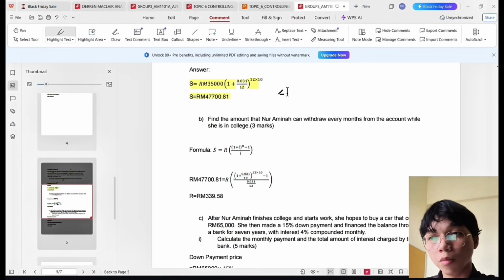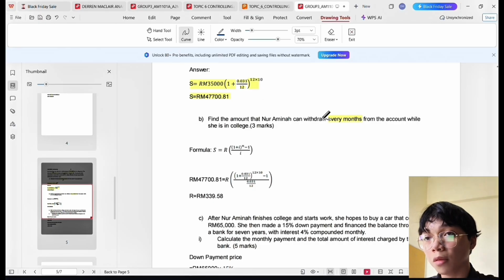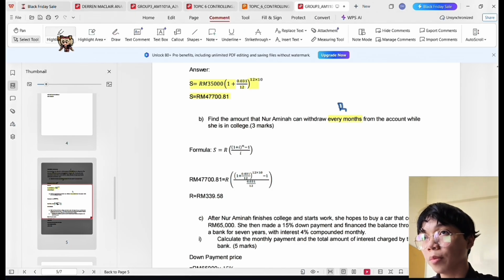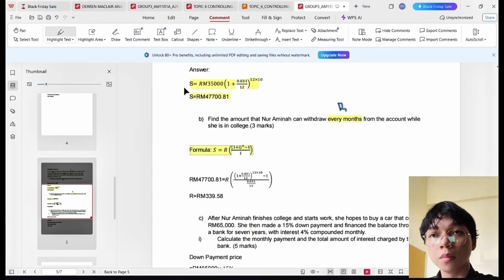Okay, now moving on to question 2B. Find the amount that Nur Aminah can withdraw every month, which means this question asks us how much she can withdraw from the account while she is in college, which means this will be R. So the appropriate formula for this question will be this.